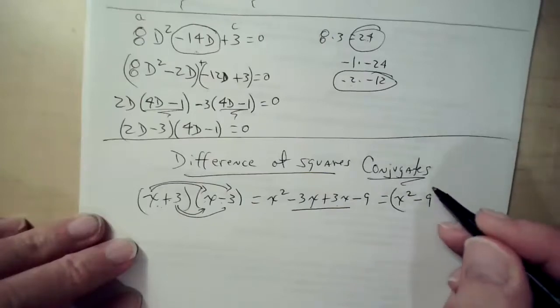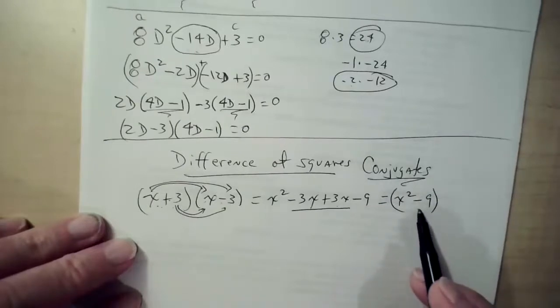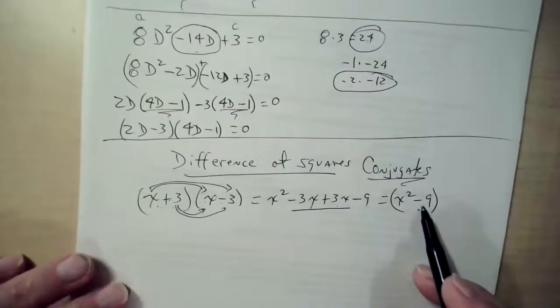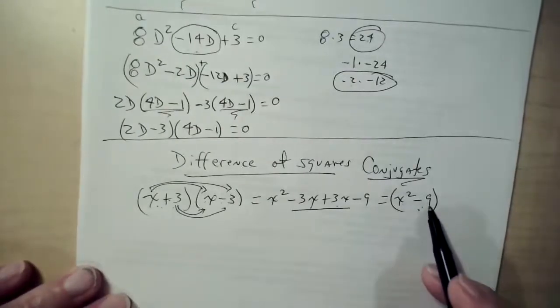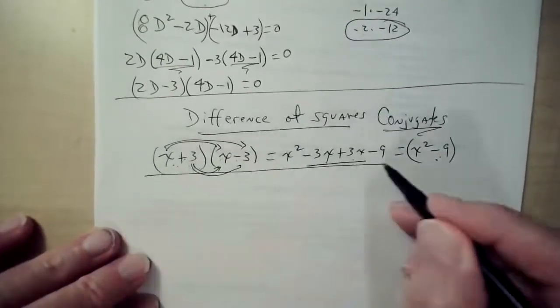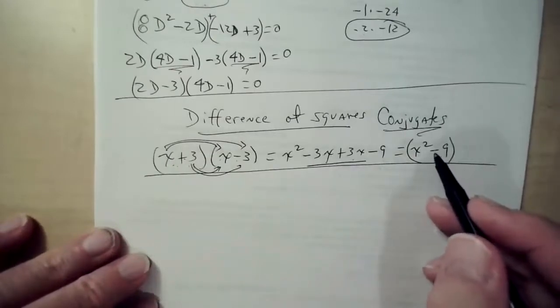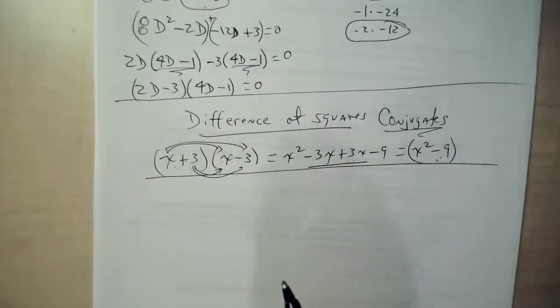So this is going to equal x squared minus 9. Be sure you think about this. We're going to run into more and more of this as the semester goes by. Each one of these is a square, and it's the difference of.